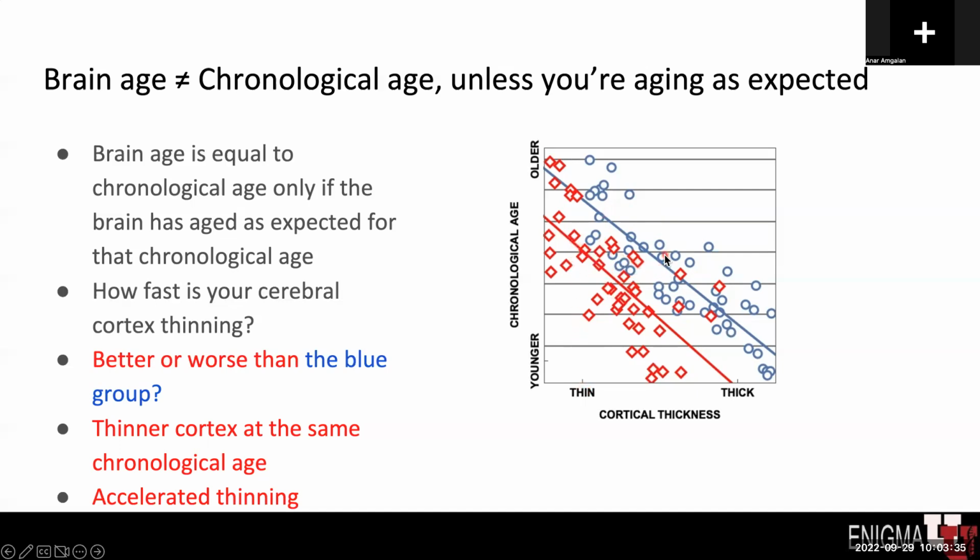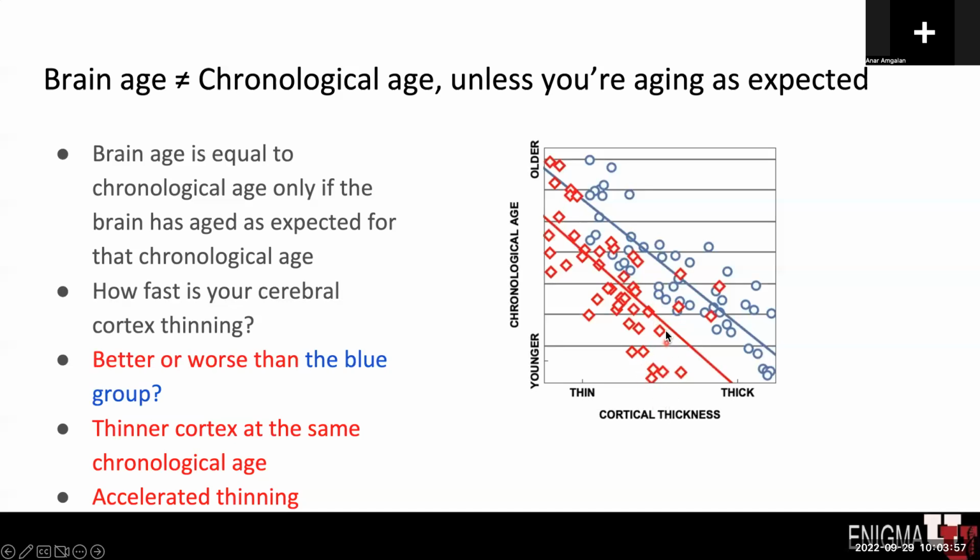Or, for the same cortical thickness, let's say this particular cortical thickness is reached at a much younger chronological age, much below the blue points, the expected or typical points here. So the typical brains have a larger chronological age for the same thickness compared to our red points.